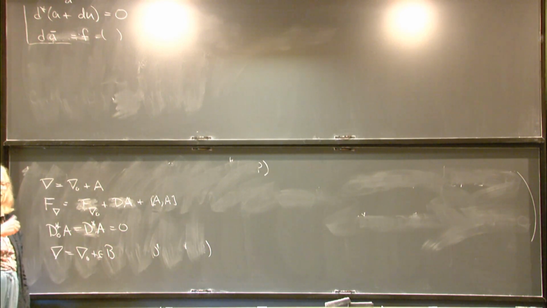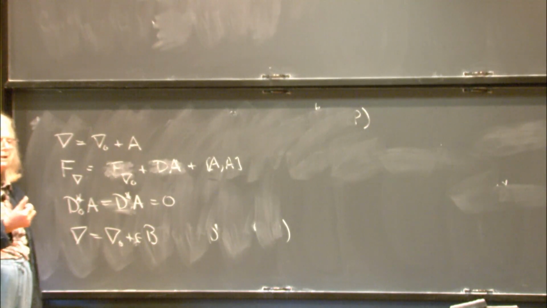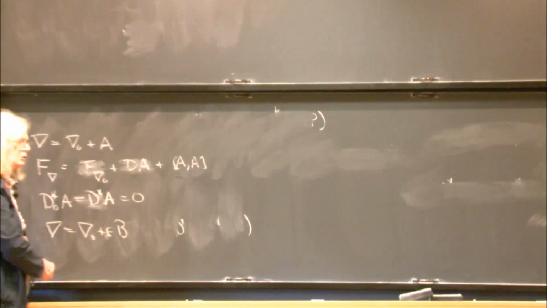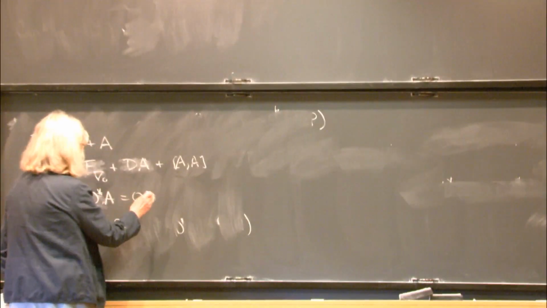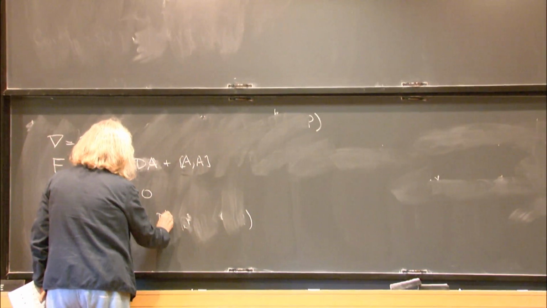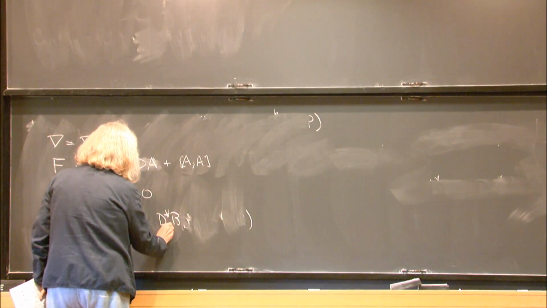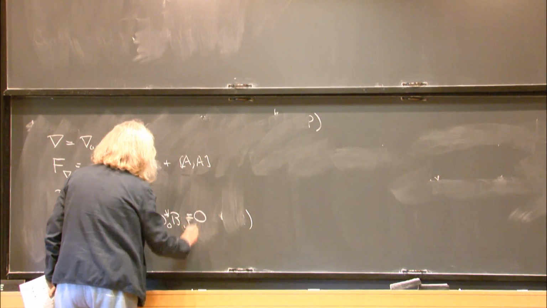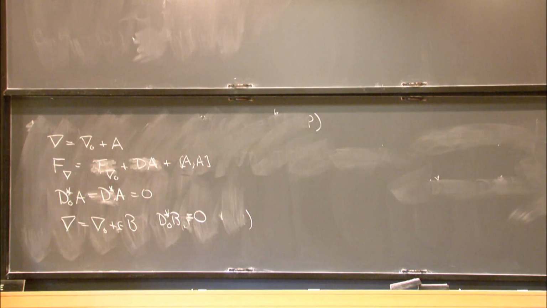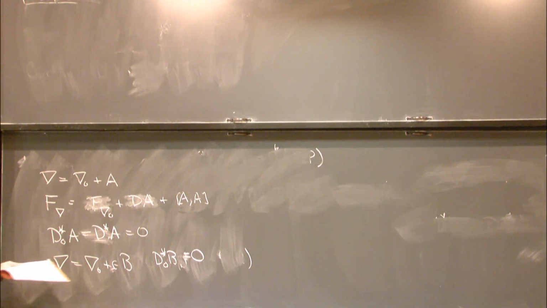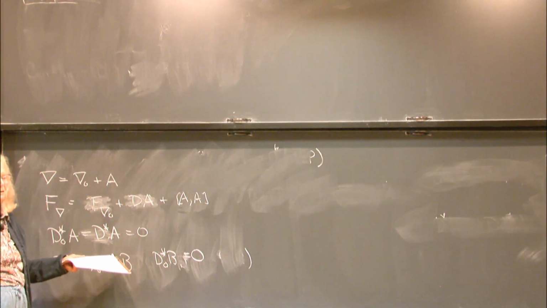In other words, it actually trivializes something in the tangent bundle to what we're doing, because we're making a small perturbation of a connection. And then what you do is you set d naught star b equal to 0, right? So we already know that we have to do that to make any sense out of what we're doing: we actually have to choose this slice in the tangent bundle.